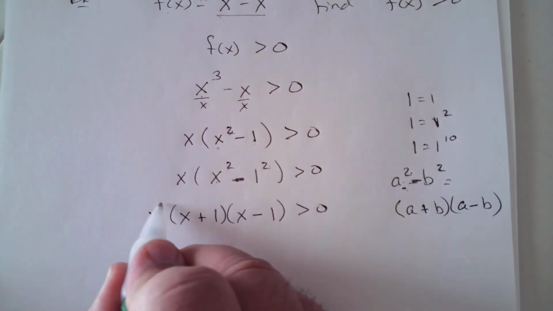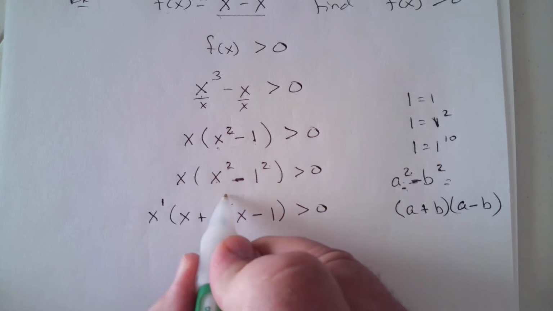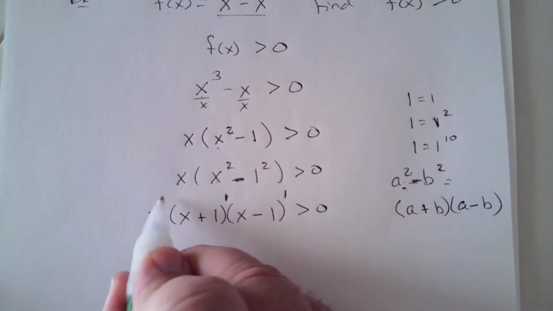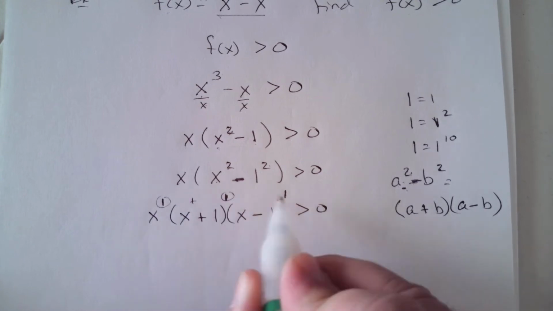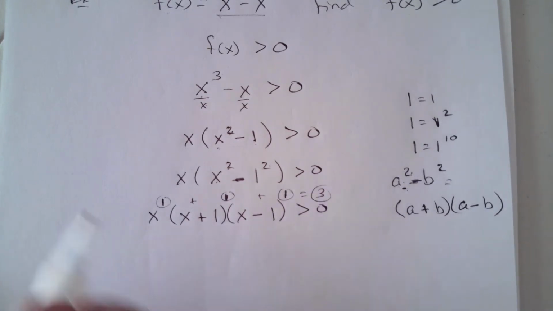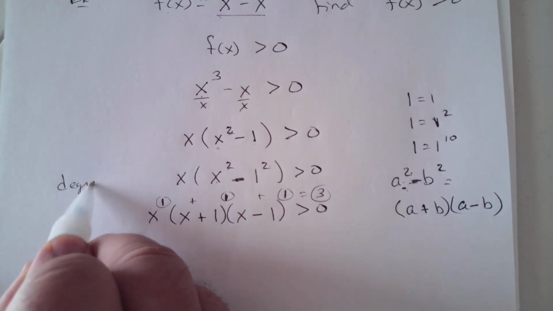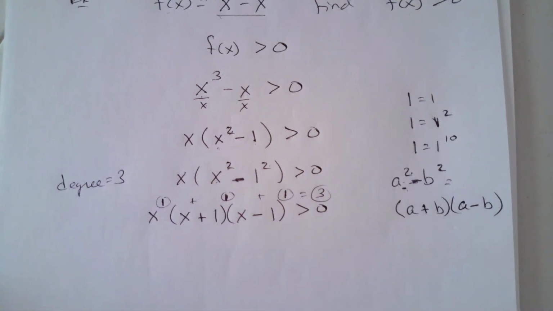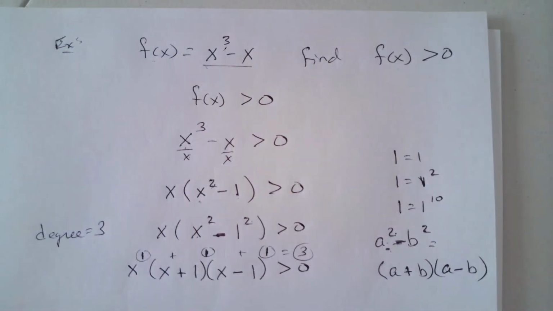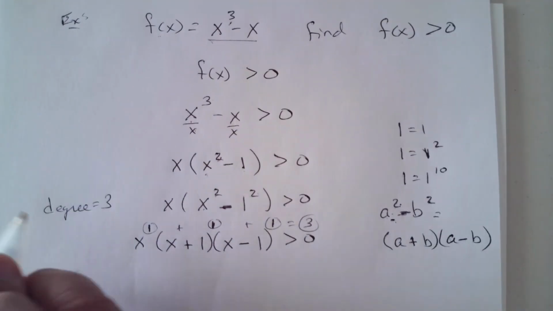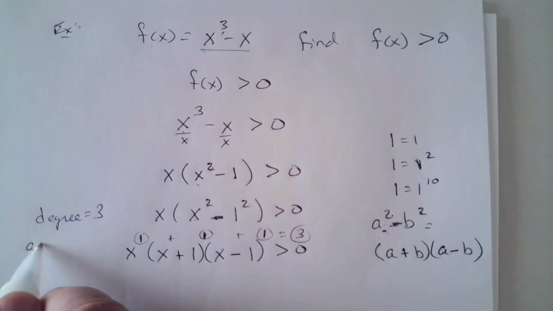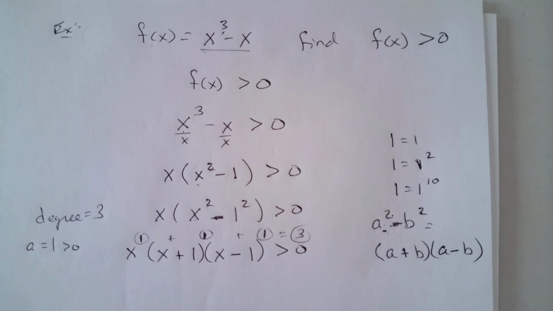The first x, its power is 1, and that power is 1. So those are the multiplicities. Remember, if you add the multiplicities, you get the degree. The degree of the equation is 3. It's a cubic function. A, the number in front of x cubed, is 1. That's greater than 0.